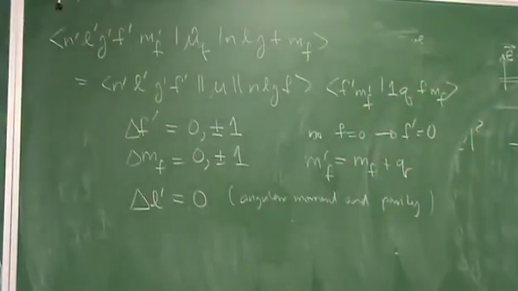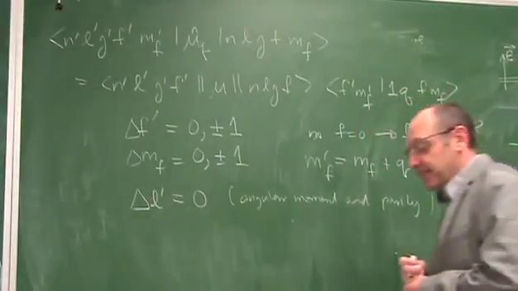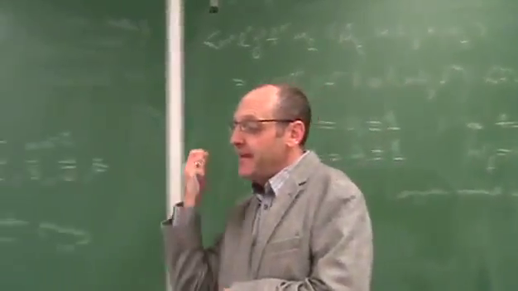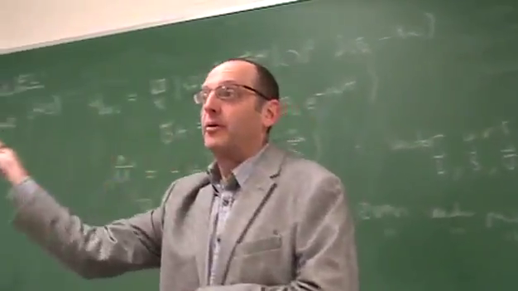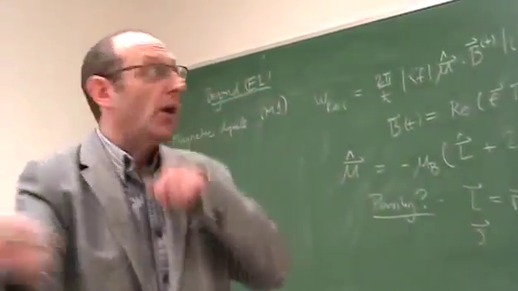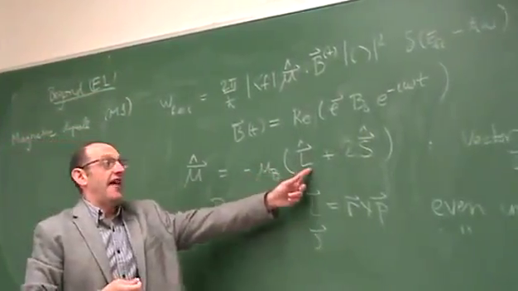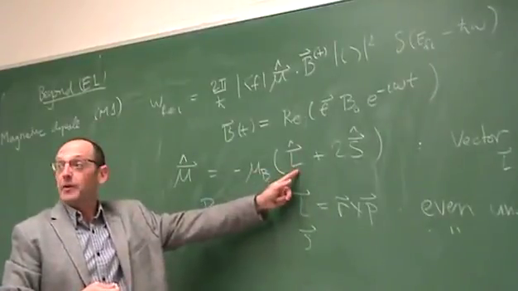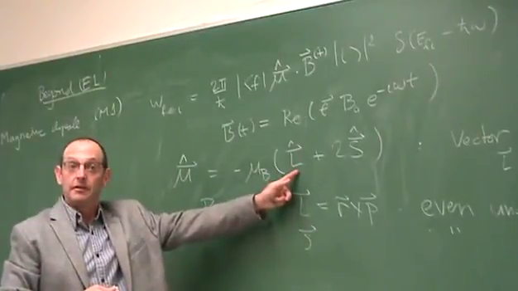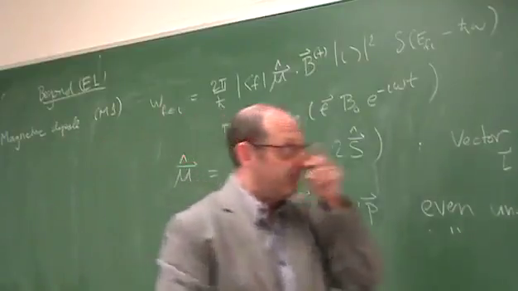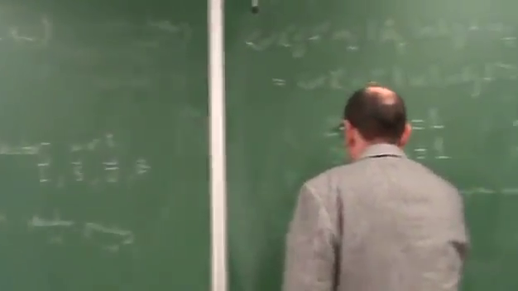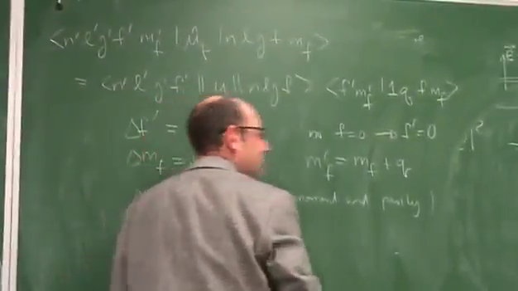Moreover, the magnetic interactions only act on the spin and the angular variables of the orbitals and have no effect on the radial quantum numbers. So that means that, in fact, delta N has to be 0.